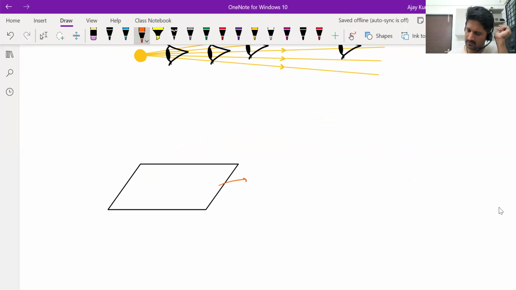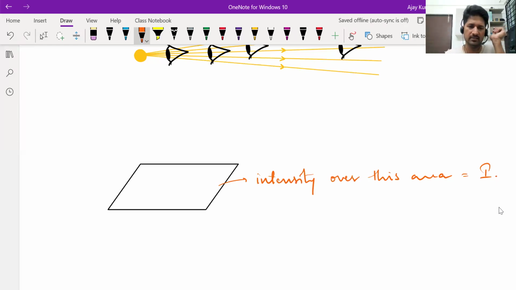Let's say the intensity over this area is I, and assume it has uniform intensity. Okay, meaning intensity all over that area is the same. The brightness everywhere is the same, or the loudness everywhere on that area is the same. In that case, the intensity over the area will be the same as the intensity at any point on that area. Okay, so the idea is this.